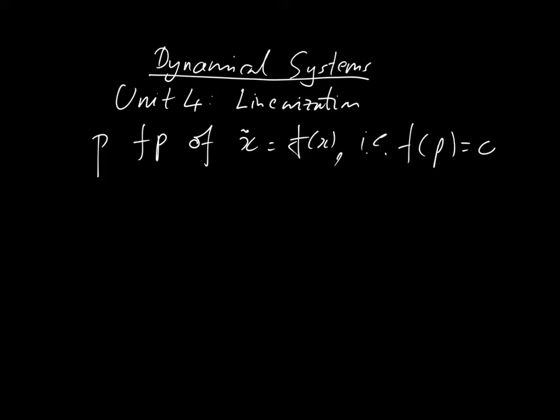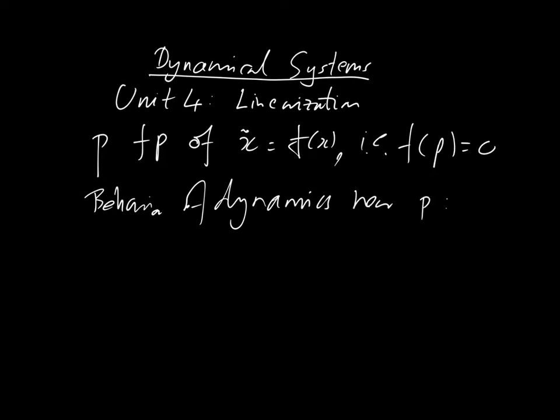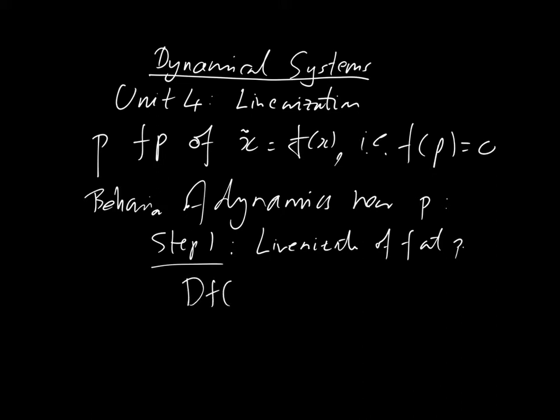The first step, to understand behavior of dynamics near P, is to look at the linearization of the vector field at P. Linearization of f at P, which is df of P. So this is what?